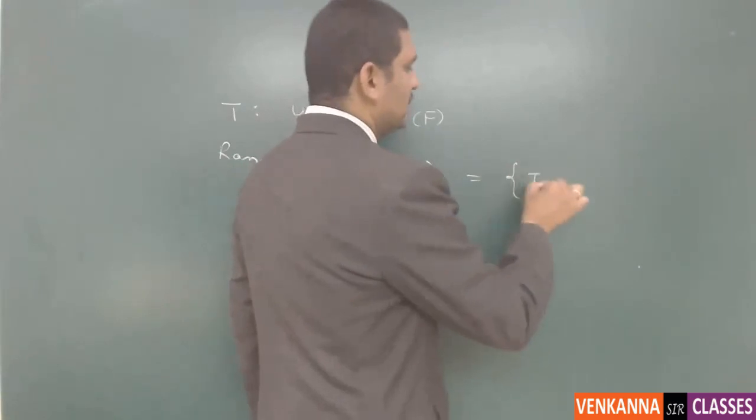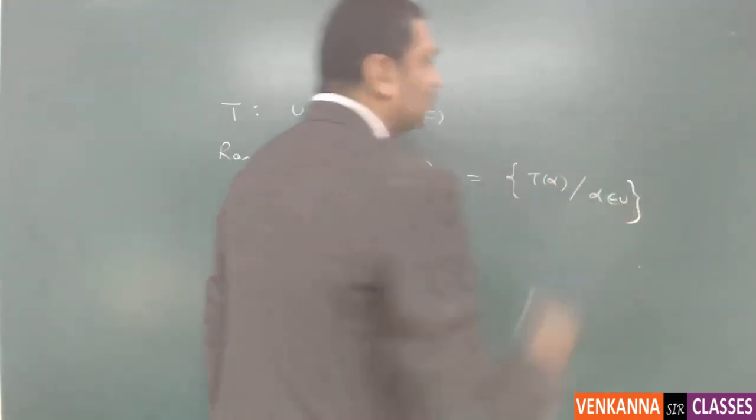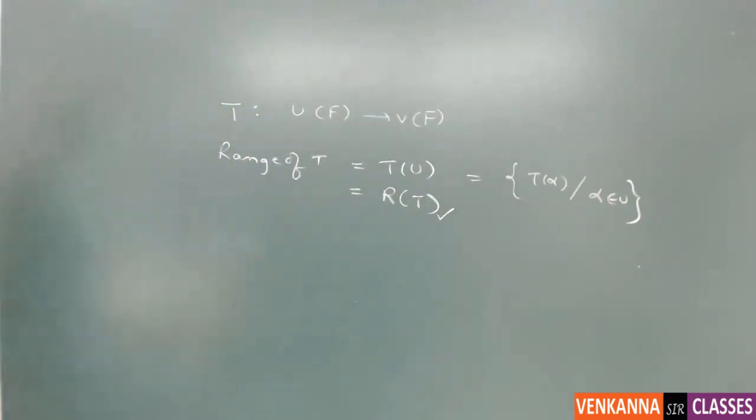Set of all images of U. So whenever alpha belongs to U, T of alpha belongs to R of T. This is the definition of range of T.